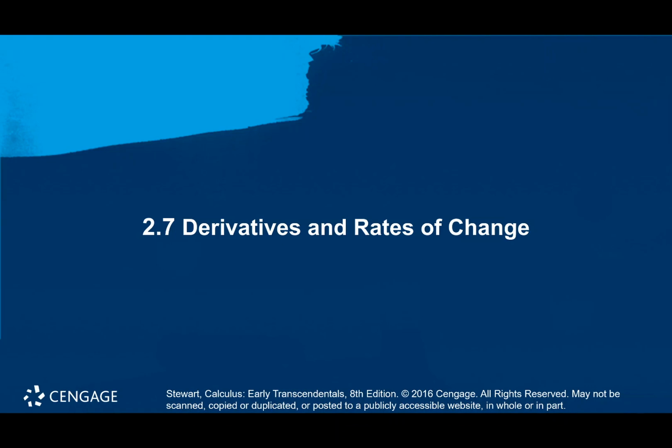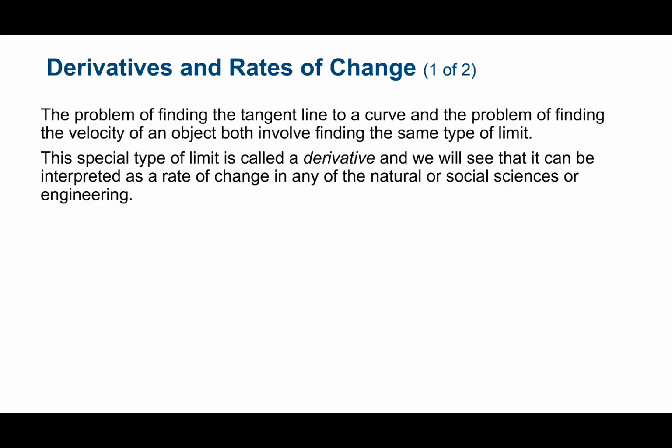So first, let's think back to our motivation for this chapter. We had a couple of problems we were thinking about. We had the tangent line to a curve at some point. And then we had the issue of trying to figure out velocity at a certain instant in time instead of average velocity.